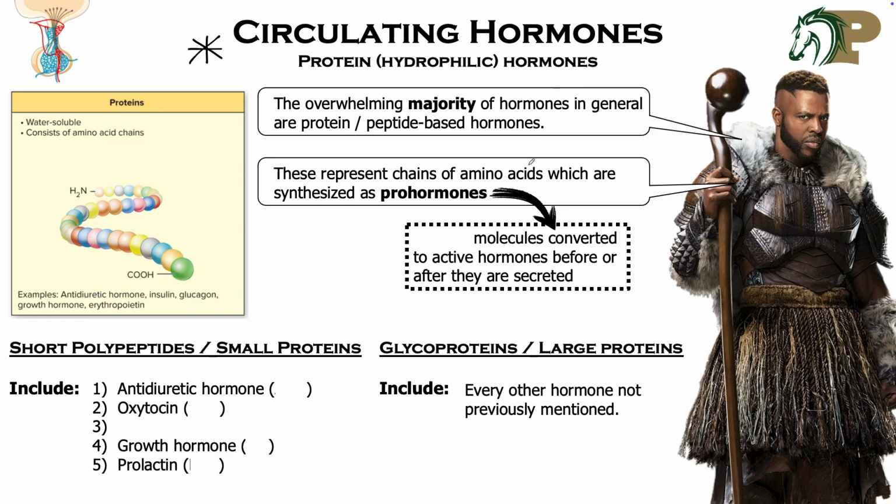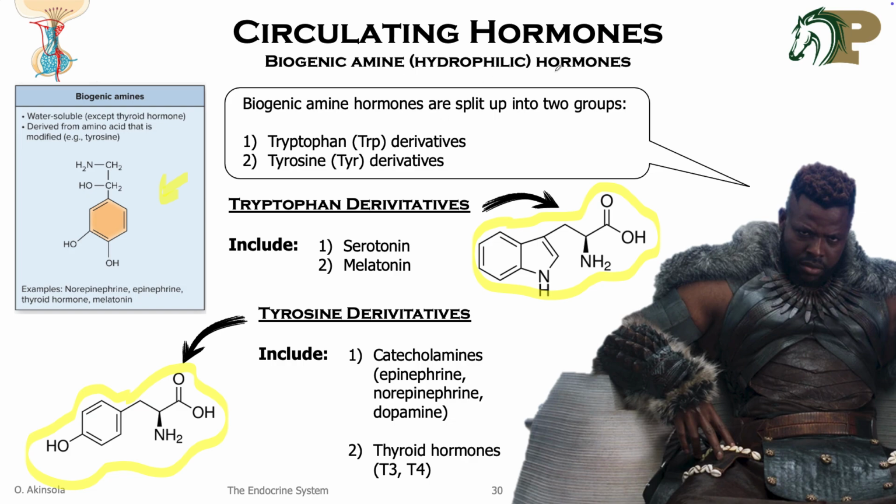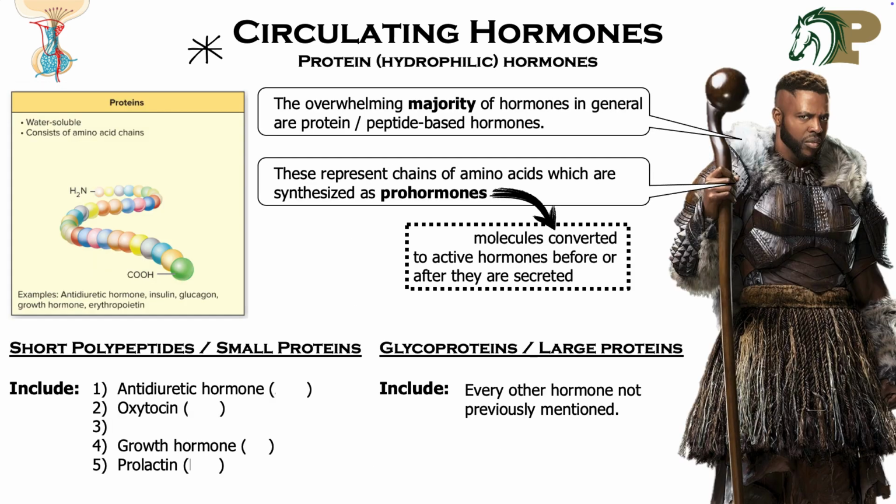Another key difference between your protein hormones and your biogenic amine hormones is that biogenic amines will come from a single amino acid that has been modified, while these will come from a chain or string of amino acids. A prohormone is an inactive molecule converted to active hormones before or after they are secreted.